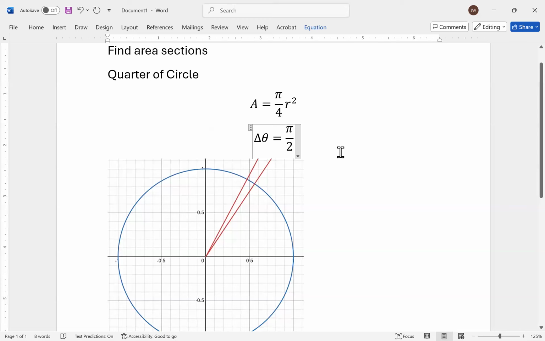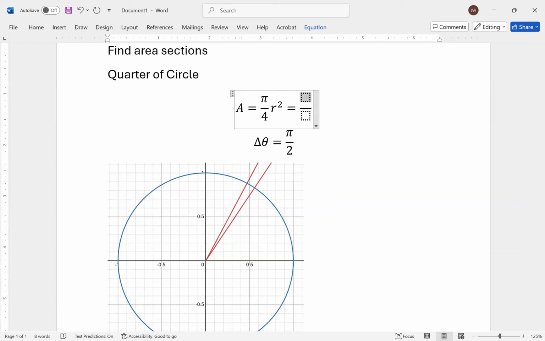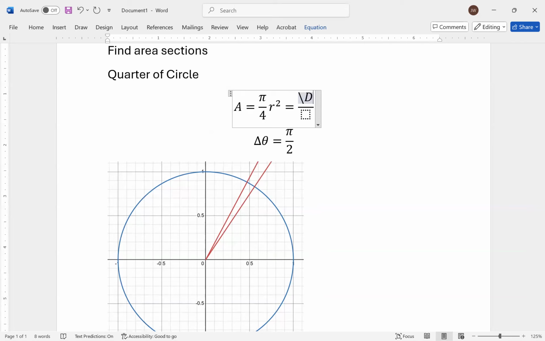So the area of a quarter of a circle is the same thing as our change in theta, that's pi over 2, divided by an extra 2, and then multiplied times r squared. Now think about if you had an eighth of a circle.